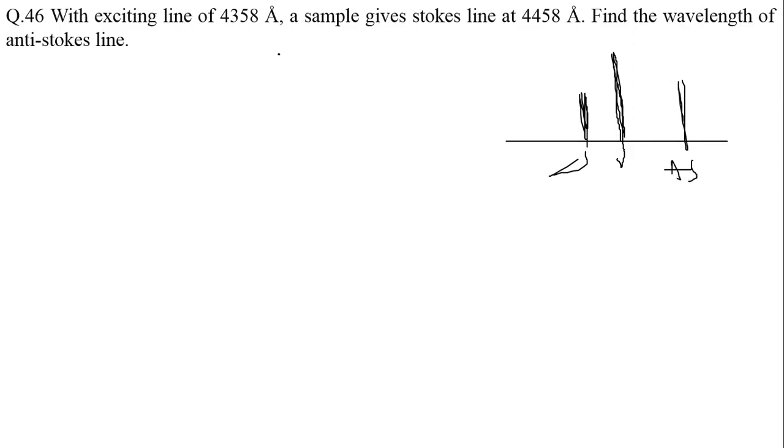We know the wavelength of this line and of this line, and we want to calculate the wavelength of this line. The separation between the two is 6B. When you consider the pure rotational Raman spectra, the separation between them is 6B, where B is in centimeter inverse.